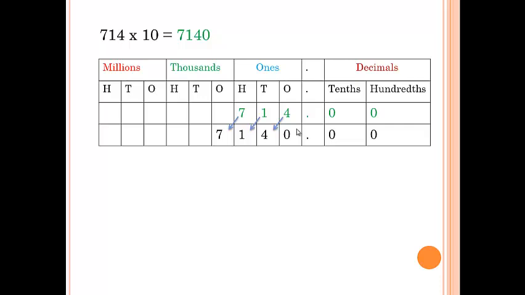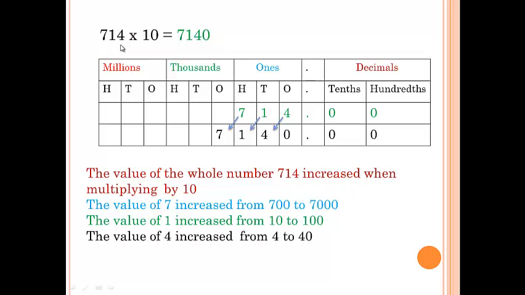Now as you see, the value of the whole number 714 is increased when multiplying by 10 or by 100 or by 1000, and the value of each digit is increased from the previous value to the next value.